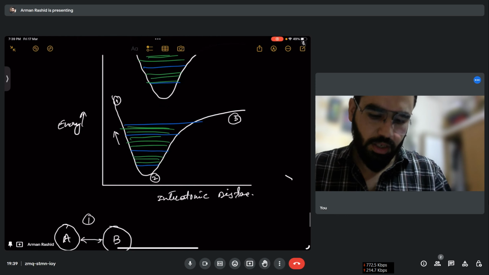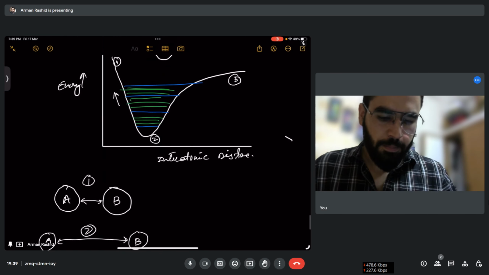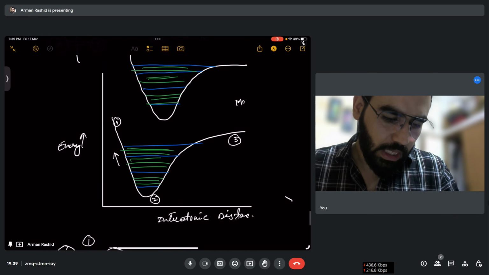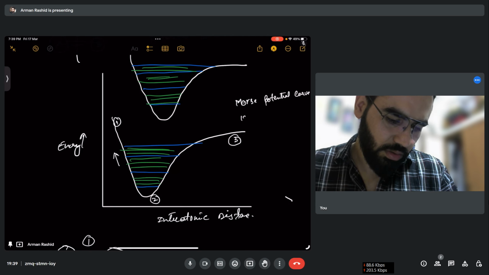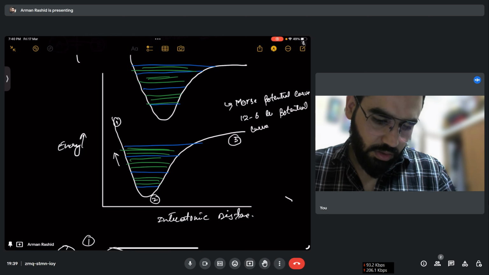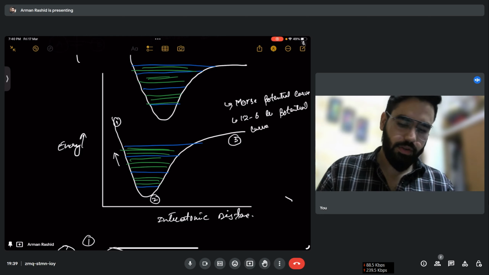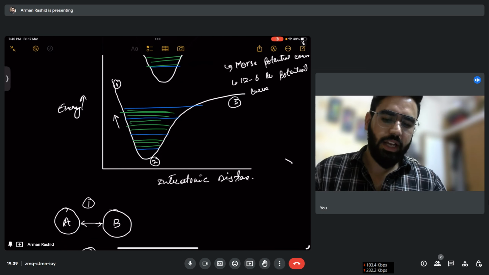Now this curve can be plotted using the Morse potential curve, or the Lennard-Jones potential curve. I have told you that these vibrational states are not equidistant.